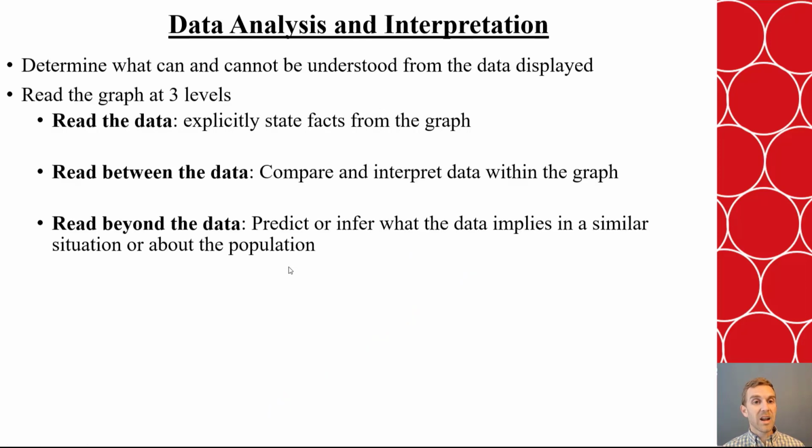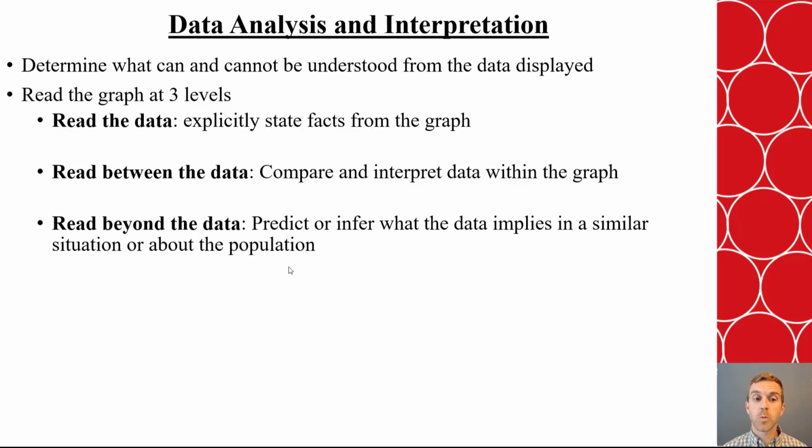Now, a lot of this is we're collecting data, trying to understand what it looks like, but also trying to understand what it is telling us and what we can understand from the data we have. When we do this, we want to try to do three different things with our data. We want to be able to read our data, which is explicitly stating facts from our chart or graph.